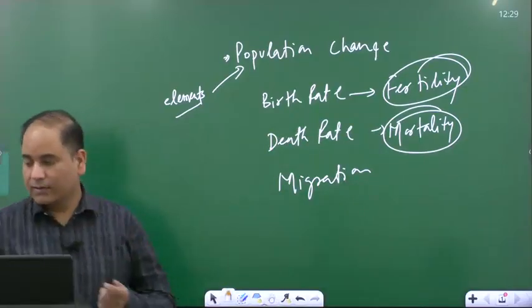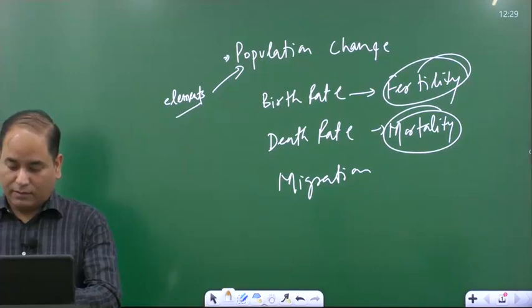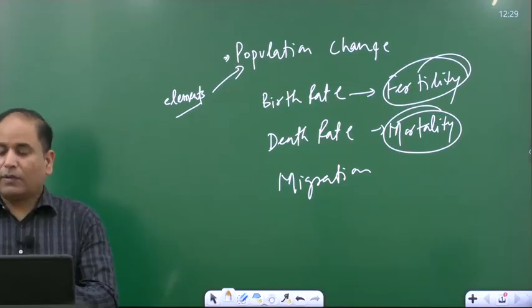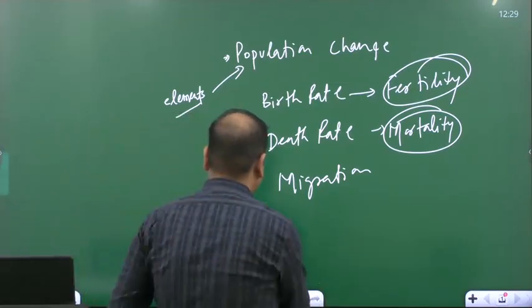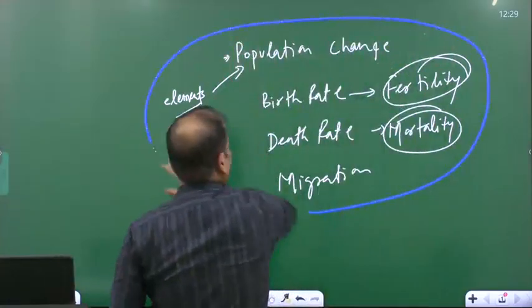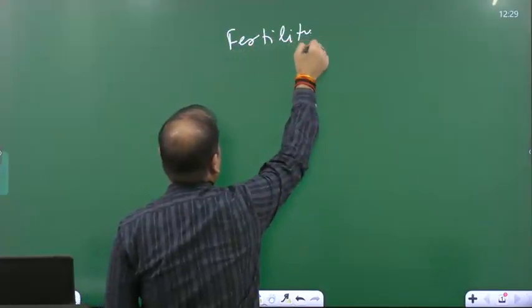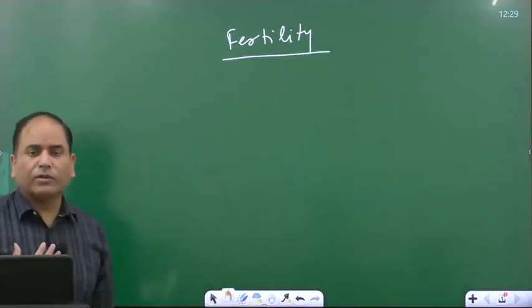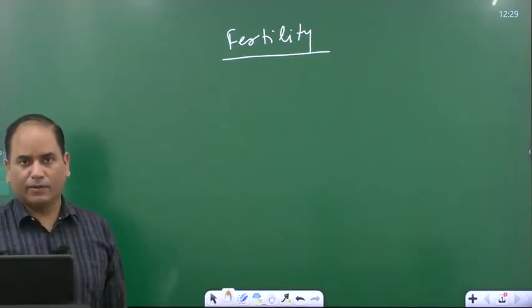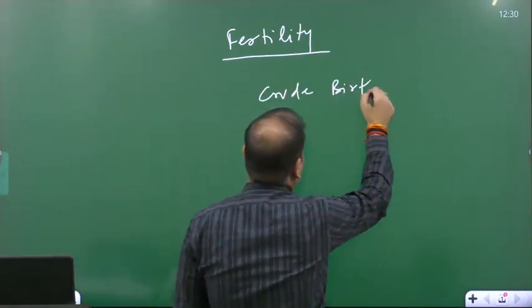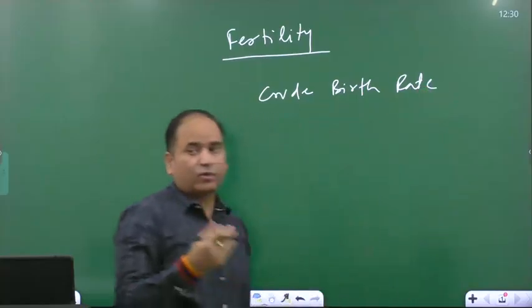Let's start with fertility. So in simple words, what is fertility? If we want to look at fertility in very simple words, that is your crude birth rate. Now what is crude birth rate?